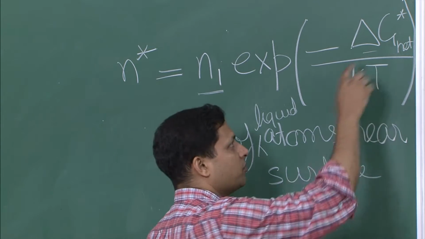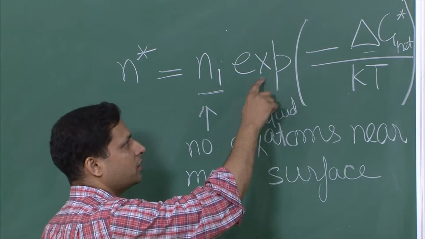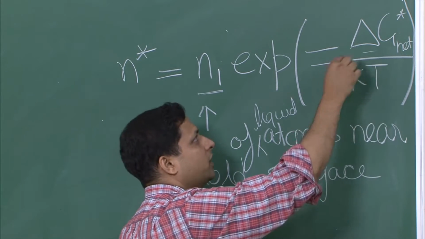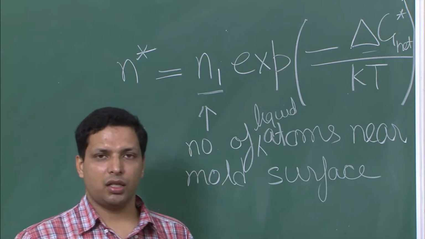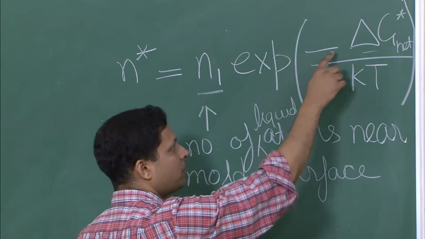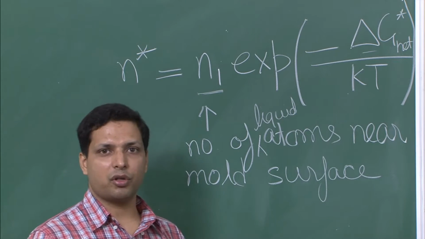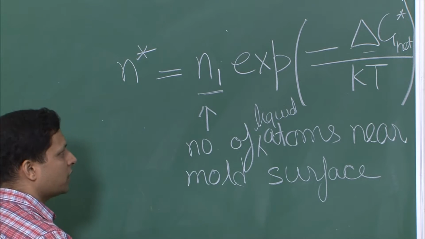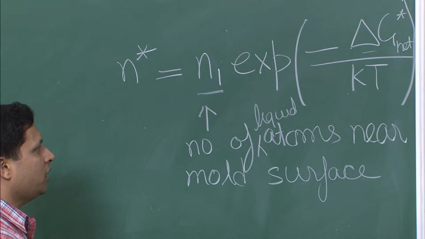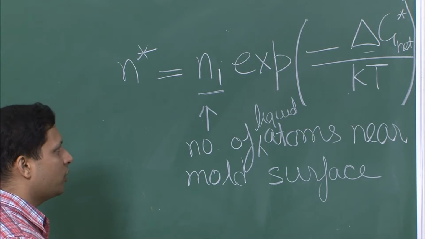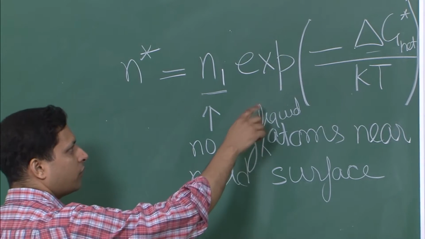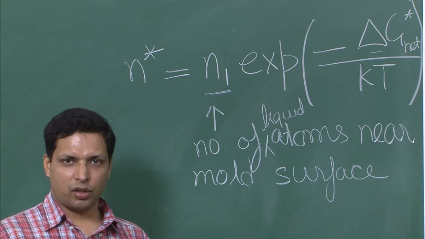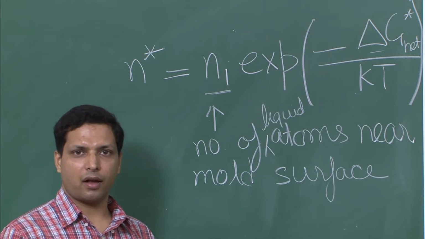Not only that, it is inside an exponential factor. Therefore a small drop over here means, since there is a minus sign, it will exponentially increase, and therefore n star will increase. What you see is that the nucleation rate for heterogeneous nucleation is much higher.